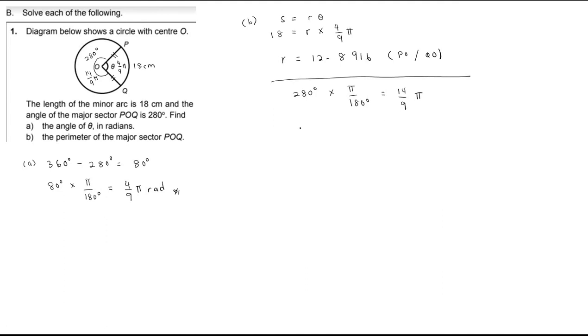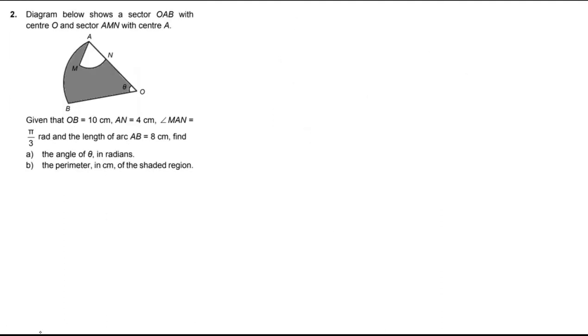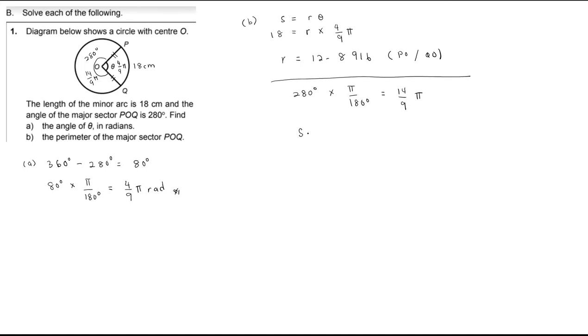And then to find the arc length of the major sector, it equals r theta. This one is the minor sector.